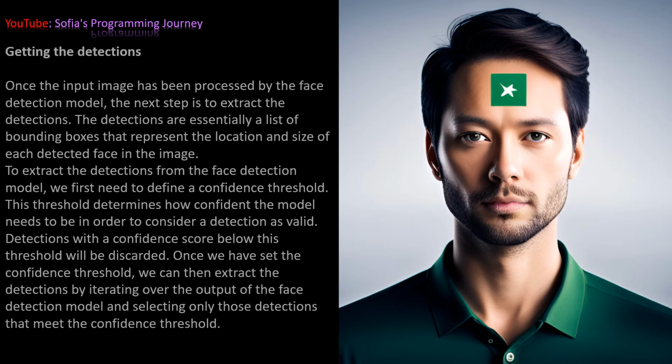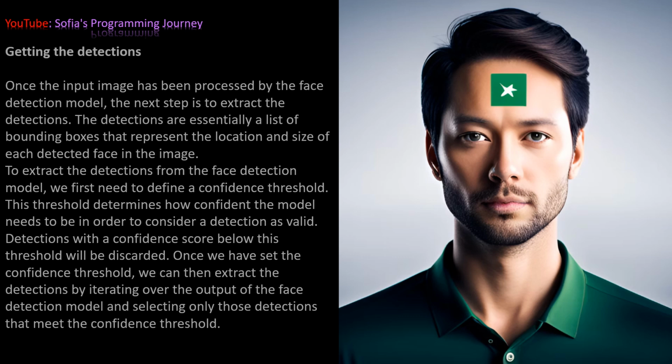Once the input image has been processed by the face detection model, the next step is to extract the detections. The detections are essentially a list of bounding boxes that represent the location and size of each detected face in the image. To extract the detections from the face detection model, we first need to define a confidence threshold.